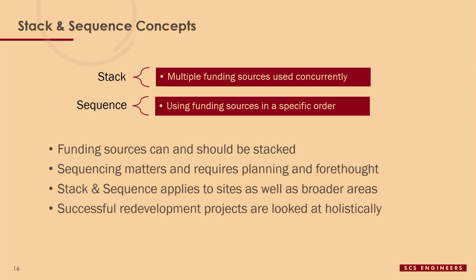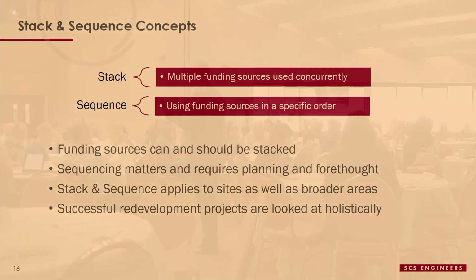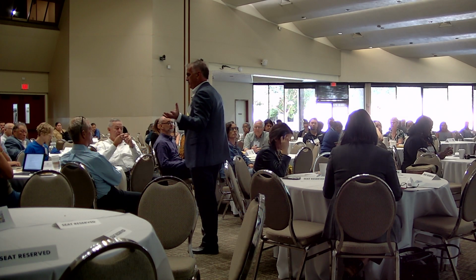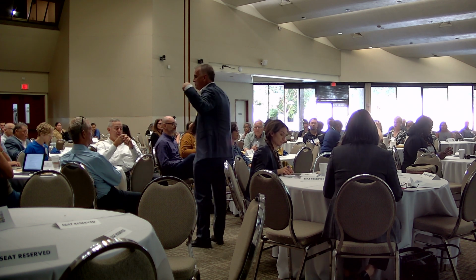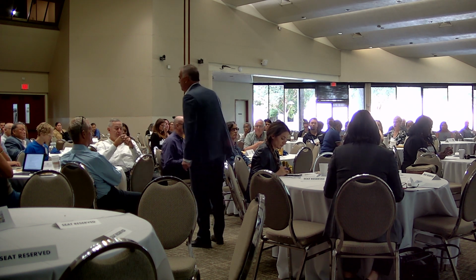You have to determine levels of blight and other things, and in need, there's a but-for test that says this project would not get done but for the help of tax increment financing. The things that you need to prove and set yourself up for a TIF can be done in previous stages of funding, but you have to be thinking that far ahead.